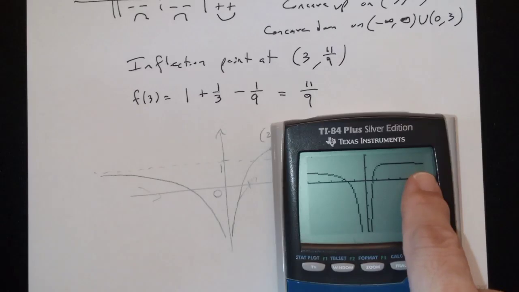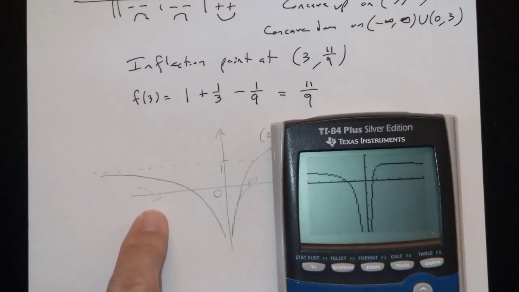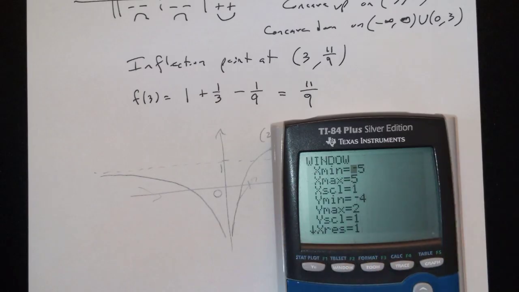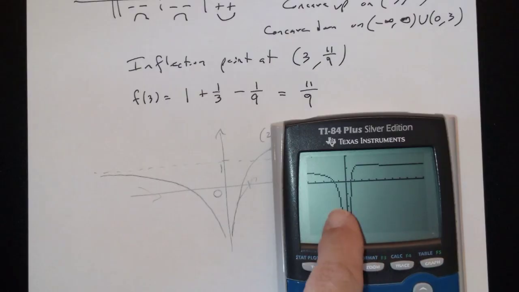I do see the bend. I do see this side coming down. As a matter of fact, if I keep going out a little further, I can see the change in the concavity. Oh, it's really hard to see, isn't it? We're concave down here, but we sort of flex and come back up.